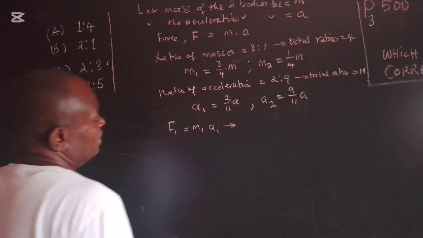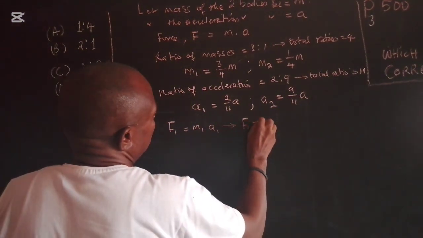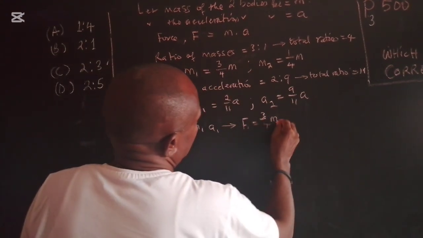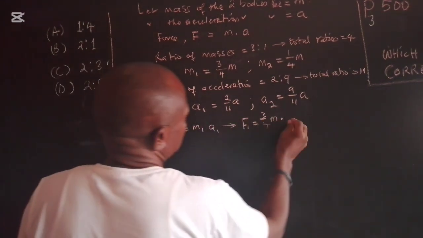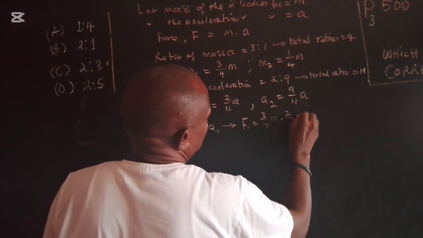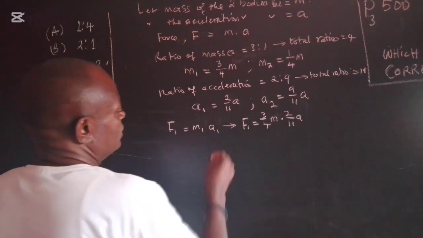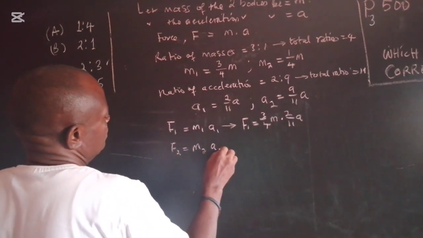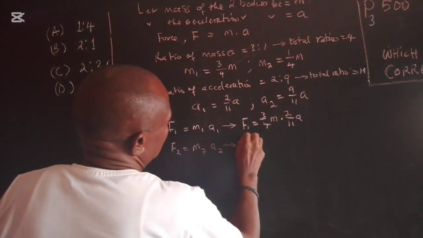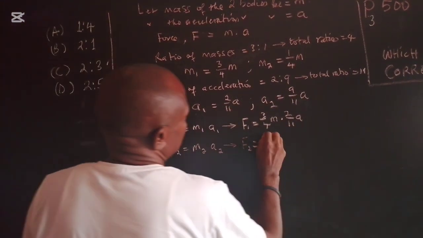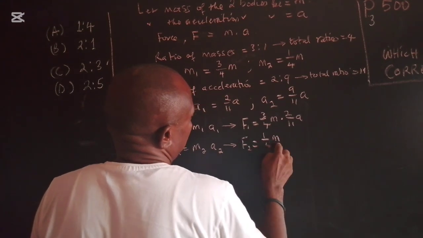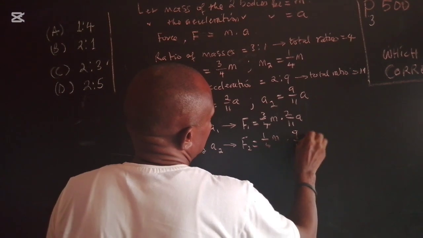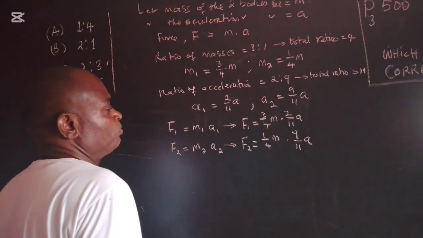So F1 equals 3 over 4 of the mass times its acceleration, 2 over 11 of the acceleration. In the same way, for the second body, we have m2 times the second acceleration, which provides that F2 is equal to 1 over 4 of the mass of the two bodies times 9 over 11 of the total acceleration of both bodies combined.